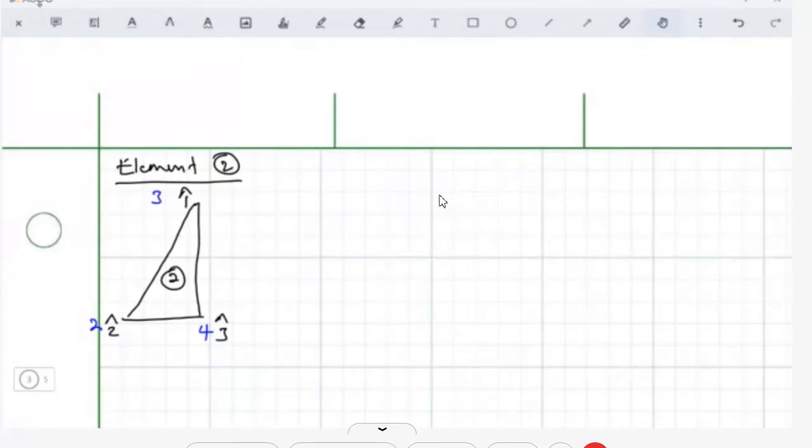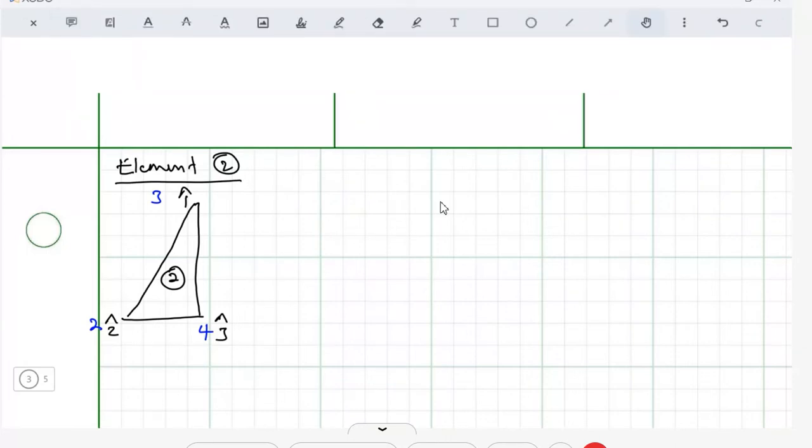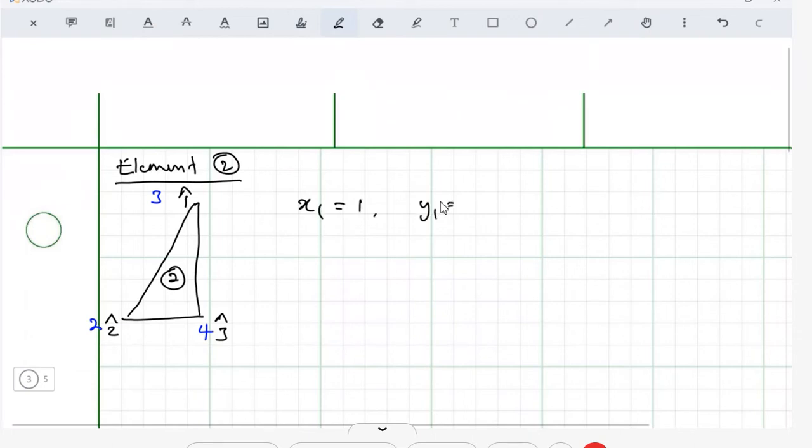So we need to do the same thing again. What we need to know is the coordinates. Let me use black. So this corresponds to the local. x1 is given as 1, y1 equal to 0, x2 equal to 0.5, and y2 equal to -1, x3 equal to 1, and then y3 equal to -1.